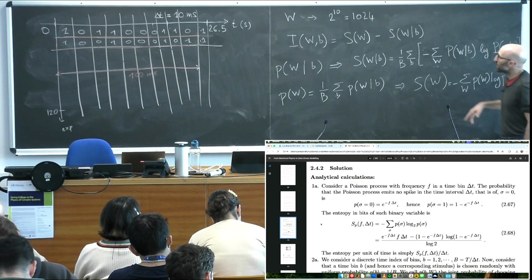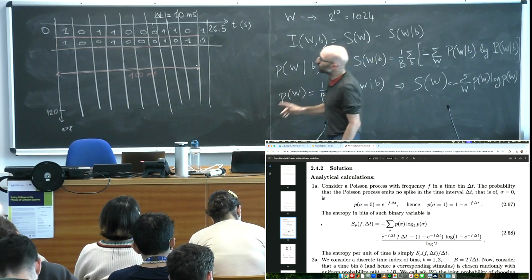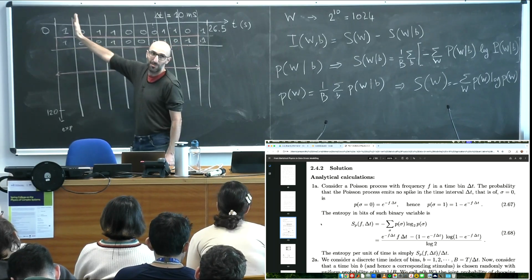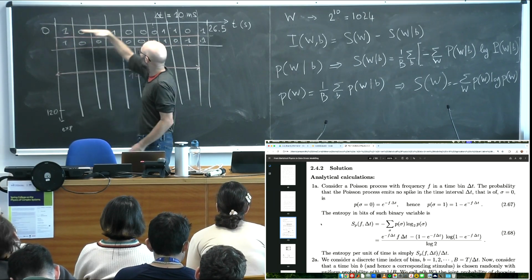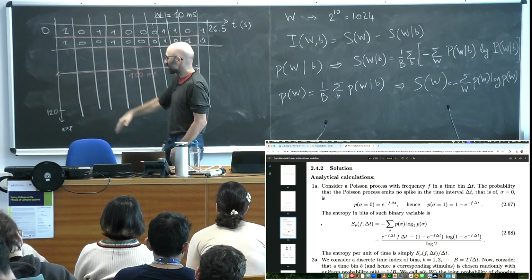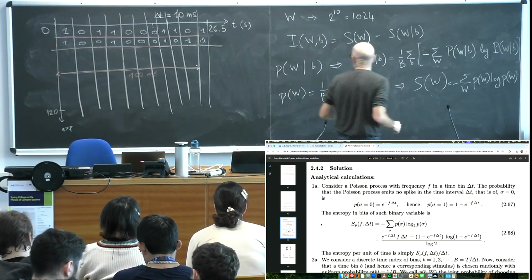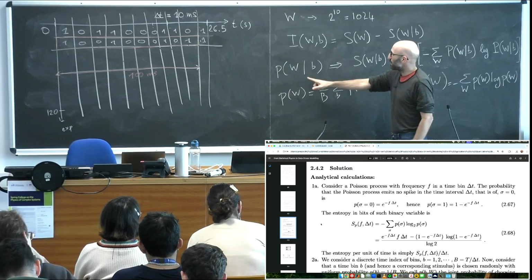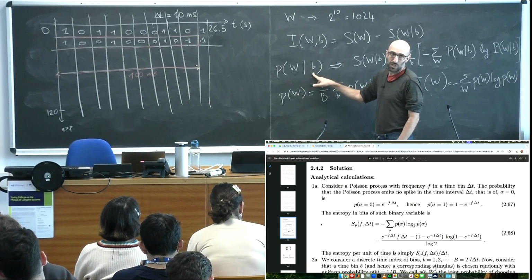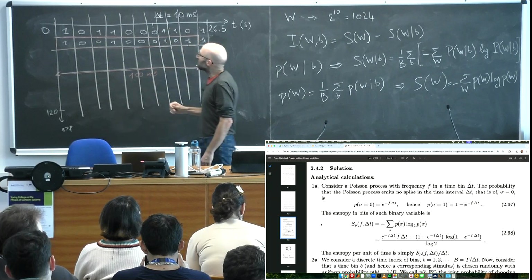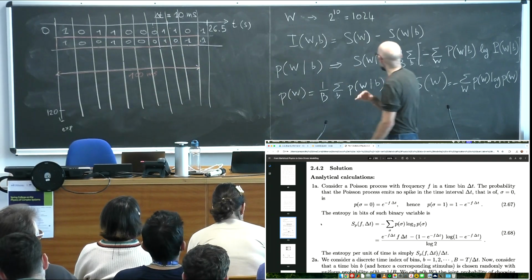Then you do the same, but now you only look at one given position. So you look at all the words that start at time 0, in bin 0. You have 120 of them. You can estimate the probabilities, and you can get the probability of a word conditioned on a certain time. What does this give you?